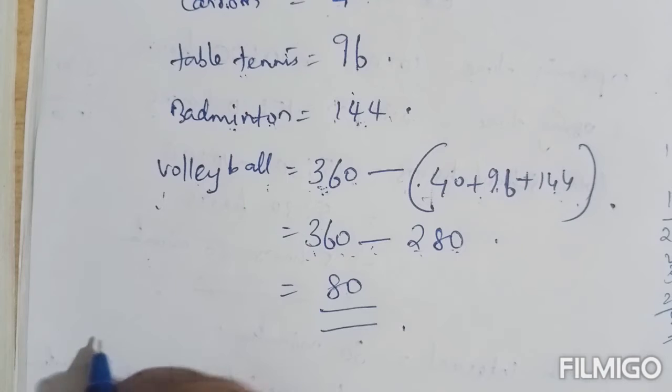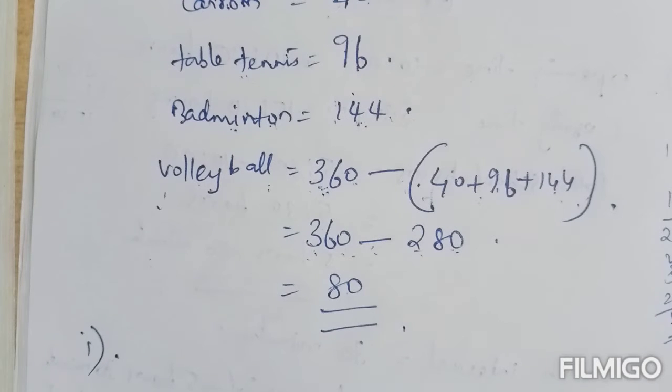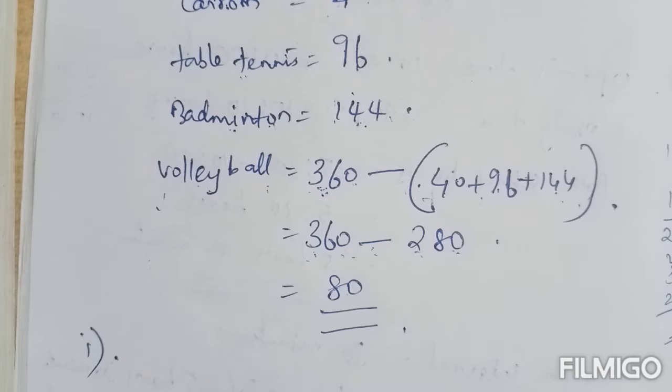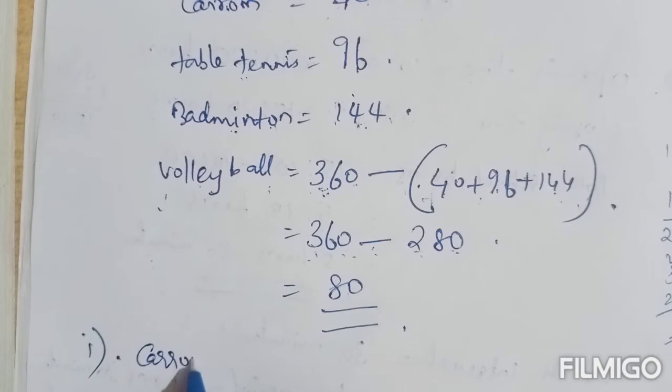Okay. So first question, carom. If no member plays 2 or more games, that means one member will play only one game. So find the ratio of members who play carom to the number of those who play badminton.